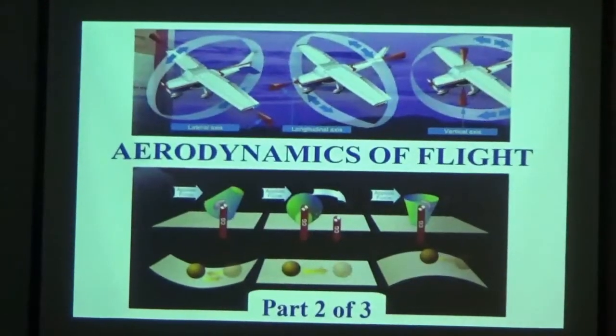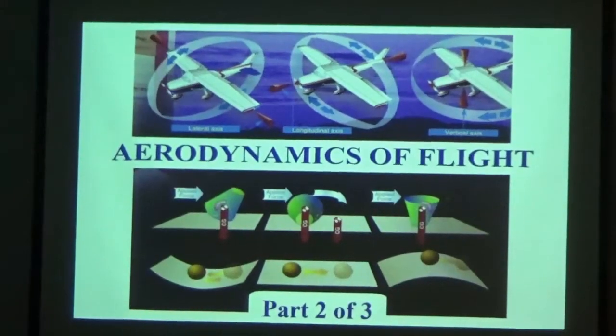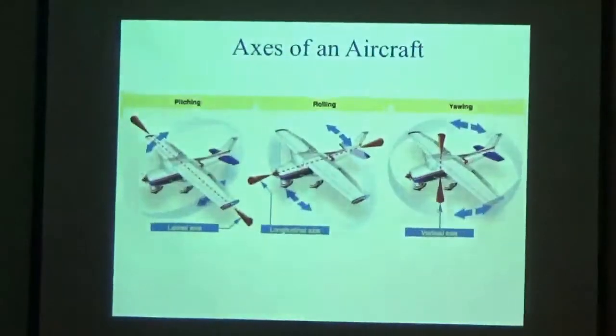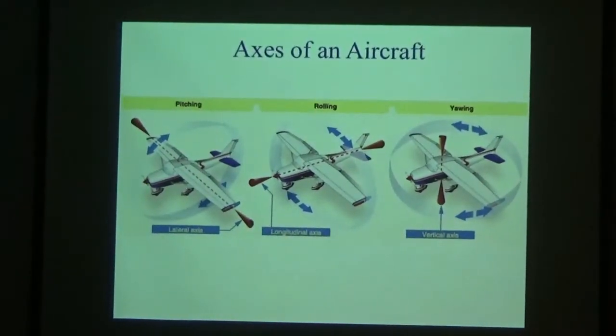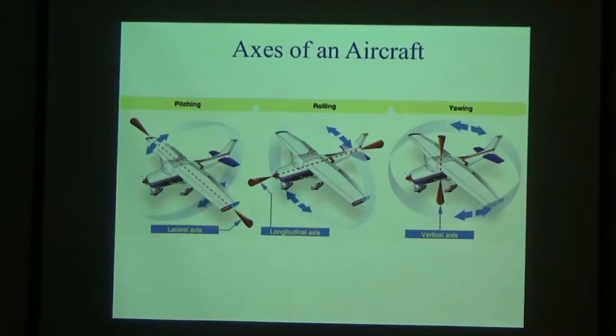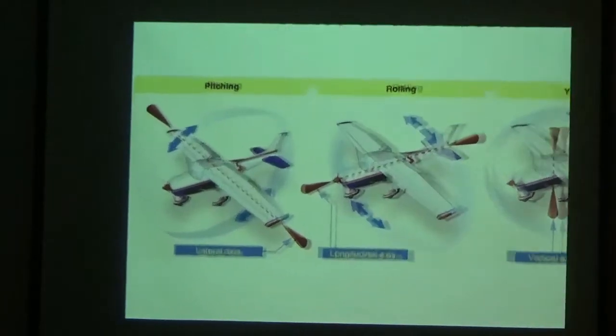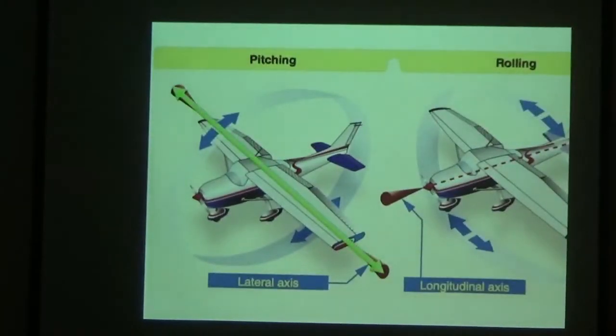Tutorial 4, Aerodynamics of Flight. Axes of an aircraft will be covered more in depth in the flight controls chapter. However, it is important to know the 3 axes that an airplane can move on. The first is pitch. The pitch, or lateral axis, is the point that a plane will pitch its nose up or down on.